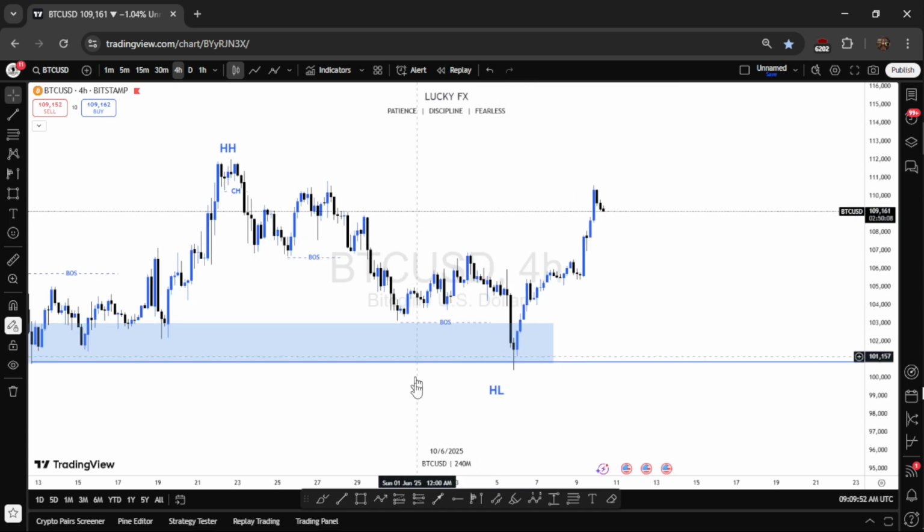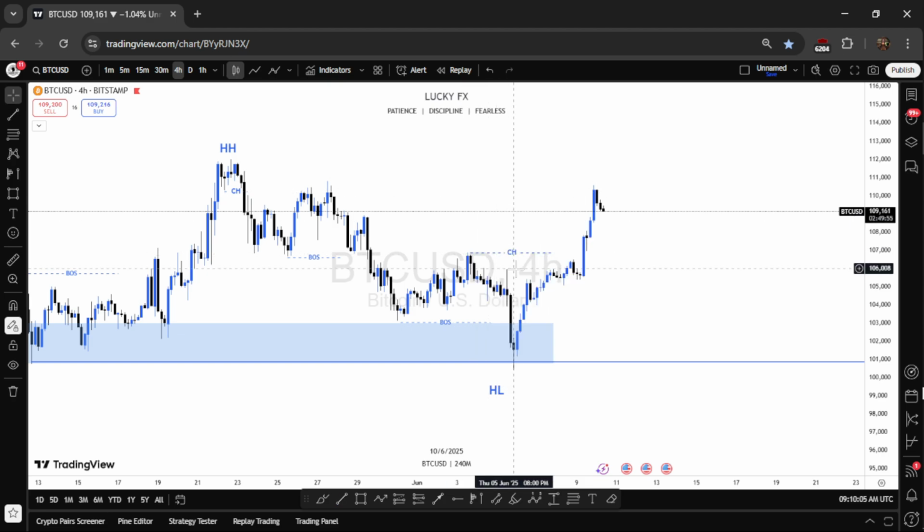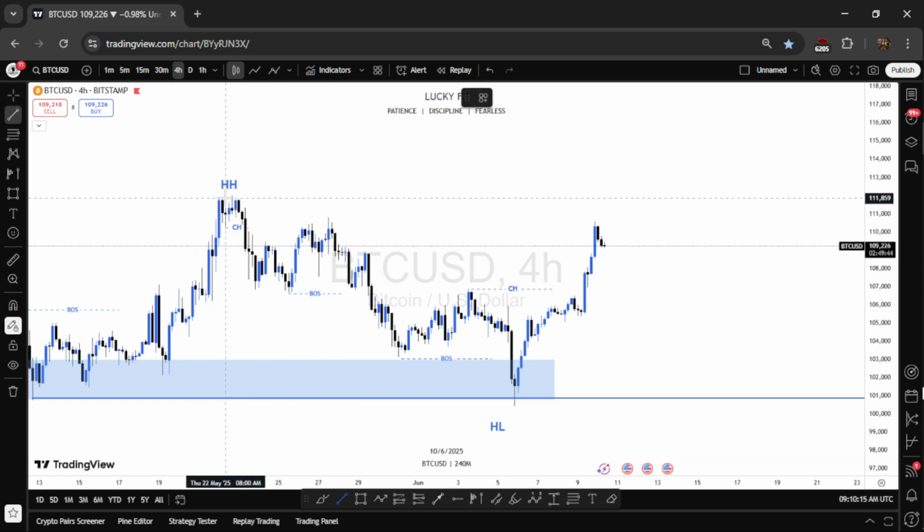And now price finally broke, right? So giving us a change of character. You see, meaning price still has the opportunity to break this high over here, right?